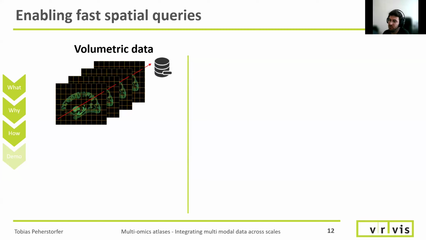And the way to do it is actually organizing your data to be not stored per image, but per voxel. So you store all data of a single voxel of all images in the same, let's say, location in storage, because then you can just say, okay, all data from that point is here in that specific memory location, and that allows you to really quickly get to your data.